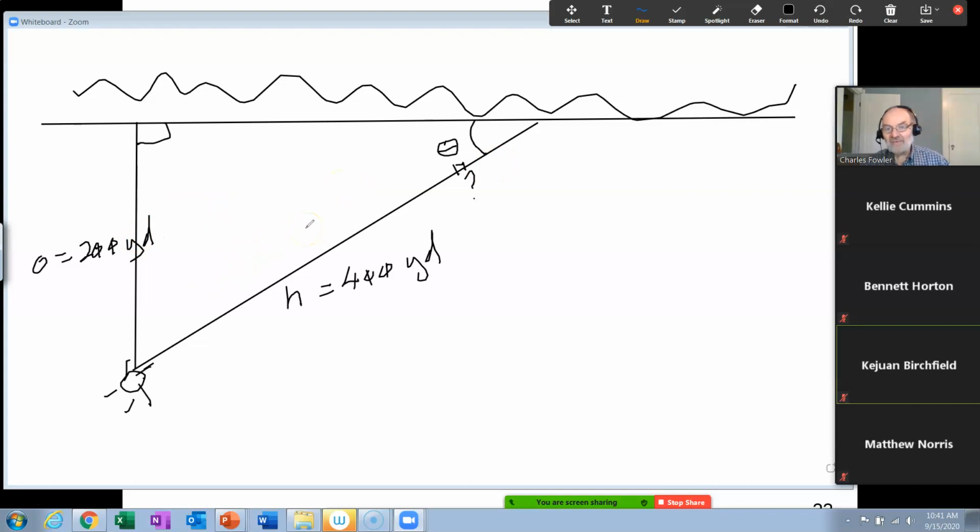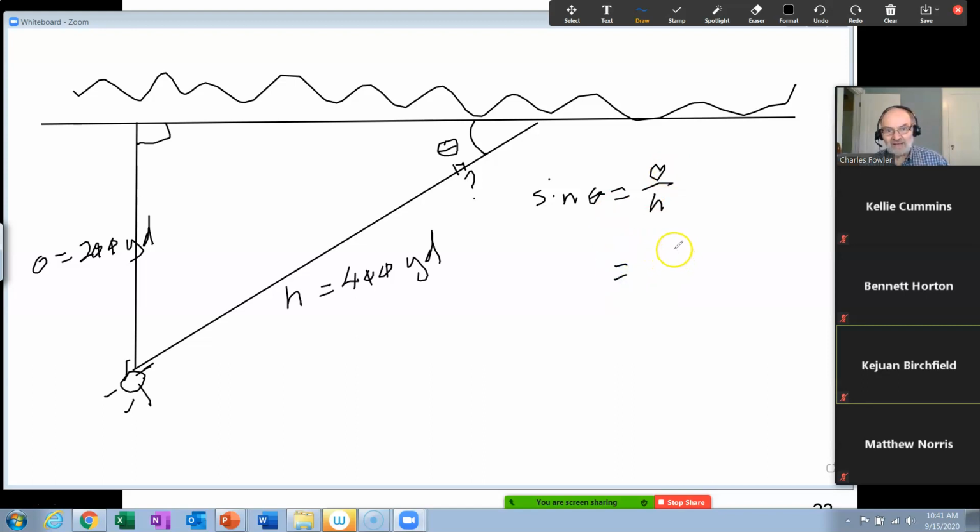So what trig function relates this angle to its opposite side and its hypotenuse? Please tell me you know that. Sine, exactly. Some old hen called another hen, and so on. Okay, so sine of theta is opposite over hypotenuse.